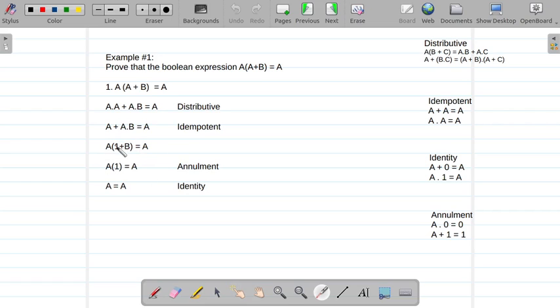Then, next, 1 plus any variable, we look for the law for that. So, 1 plus any variable is just equal to 1 using the annulment law.